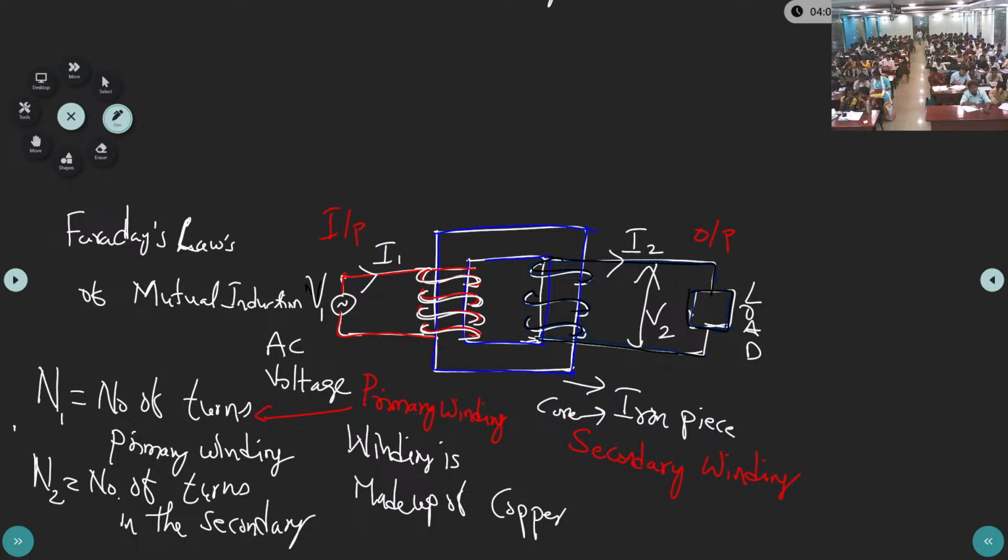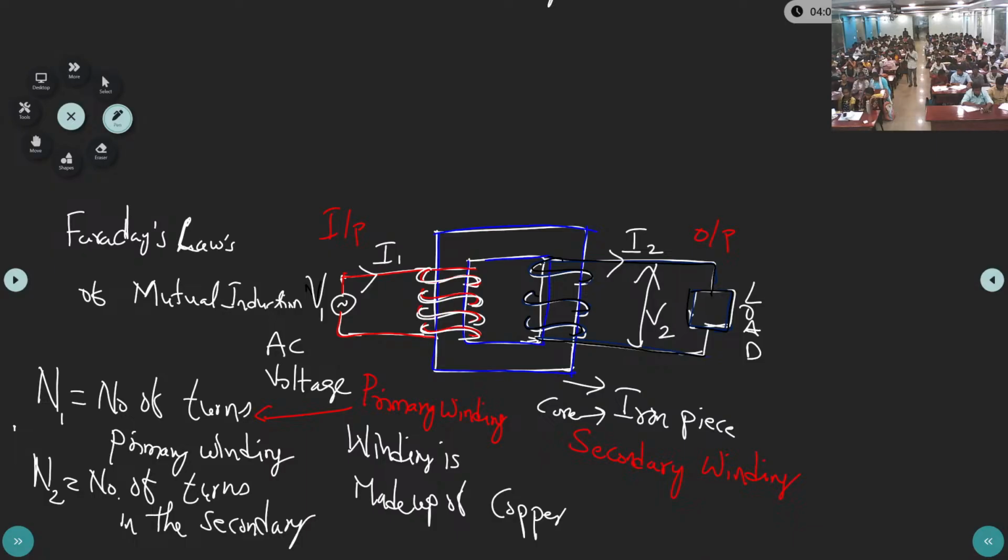The winding which is connected to the supply is known as the primary winding. The winding which is connected to the load is known as the secondary winding. The winding is made up of copper.